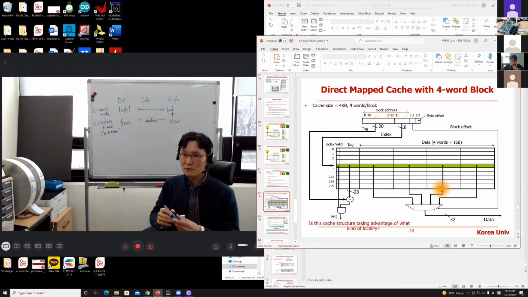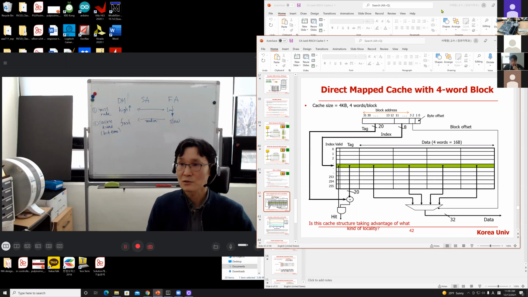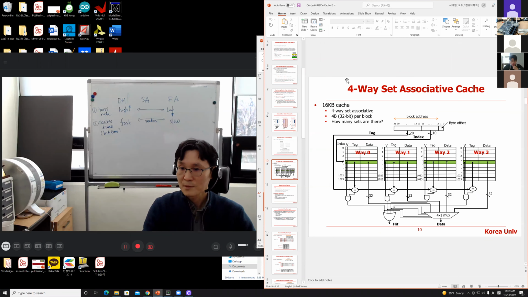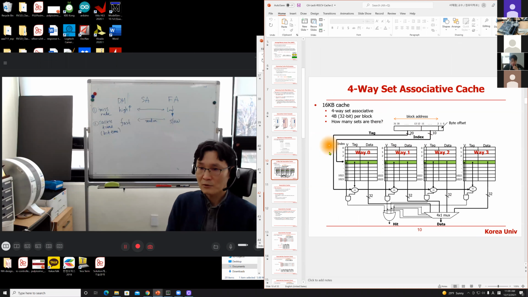So why is that? Fully associative cache. Compare that against this one, set associative, four-way set associative, for example. You select a particular set, then 4 cache entries come out at the same time, right? Then hardware will compare this tag information against the chunk ID. So 4 comparators.